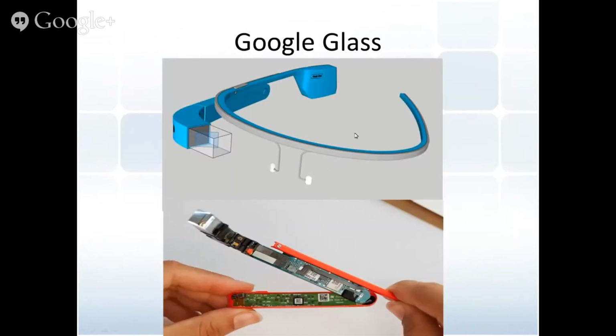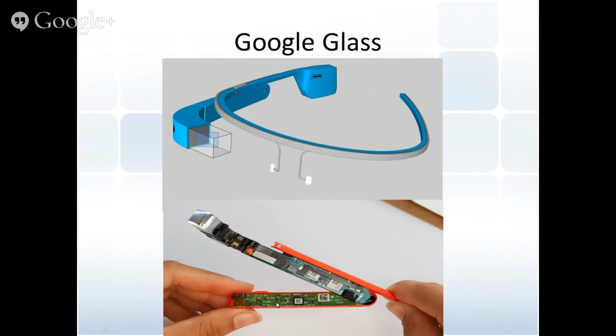The third thing I want to talk about is Google Glass. I think that is the newest post PC device. It's a glass and it has a screen. In the bottom image, there is a CPU, also a battery, a motherboard, a chipboard, I could say.